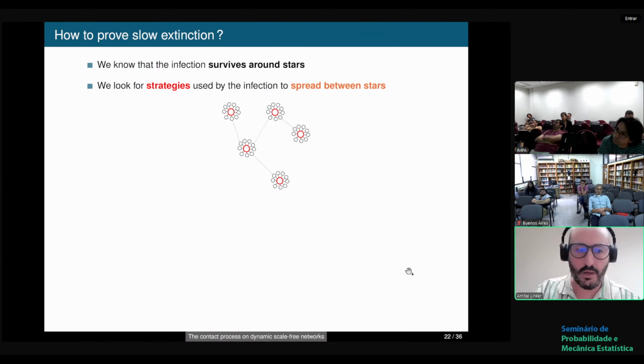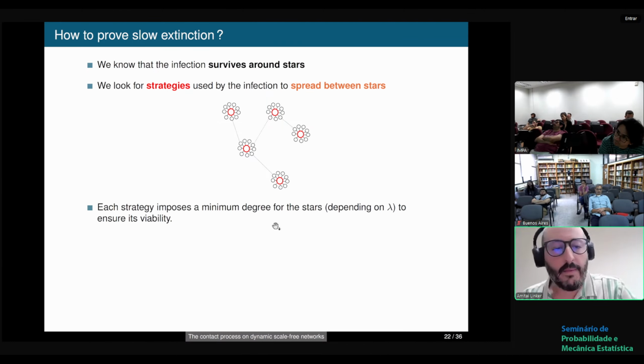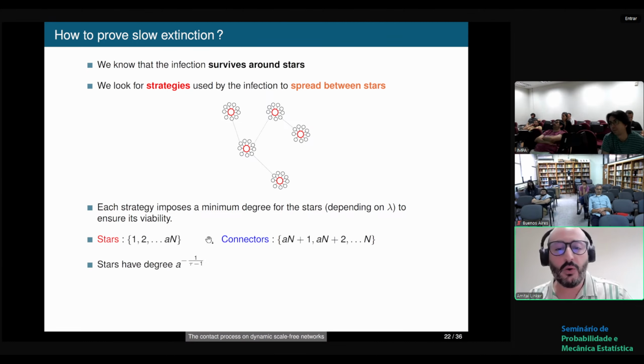Now, each strategy that we are going to look at is going to impose a minimum degree for the stars. So we need stars to be at least as strong as required by the strategy to ensure the viability of the strategy. So what we're going to do is separate vertices between stars and connectors.